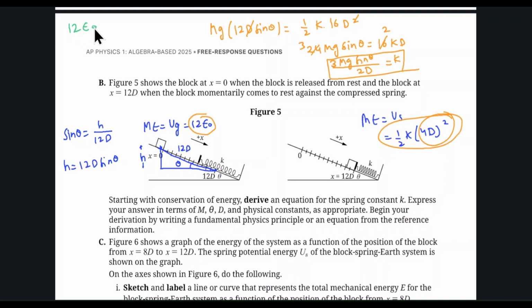So 12 E naught is equal to half K 16D square. This will be 2 times 8 is 16. So I have K equals 12 E naught over 8D square. That should be the value of K from here.